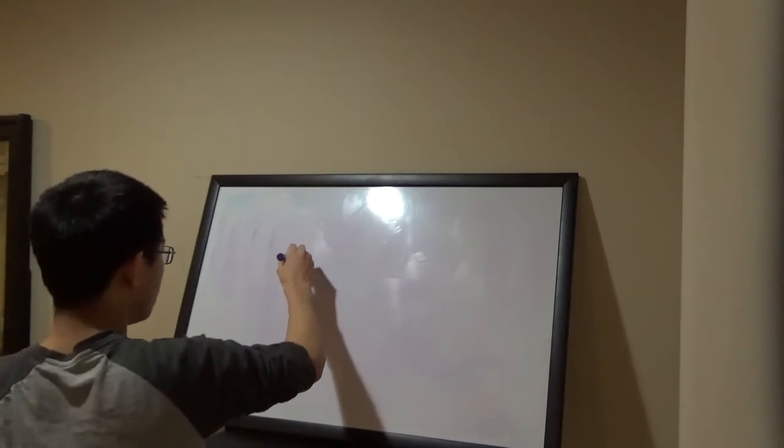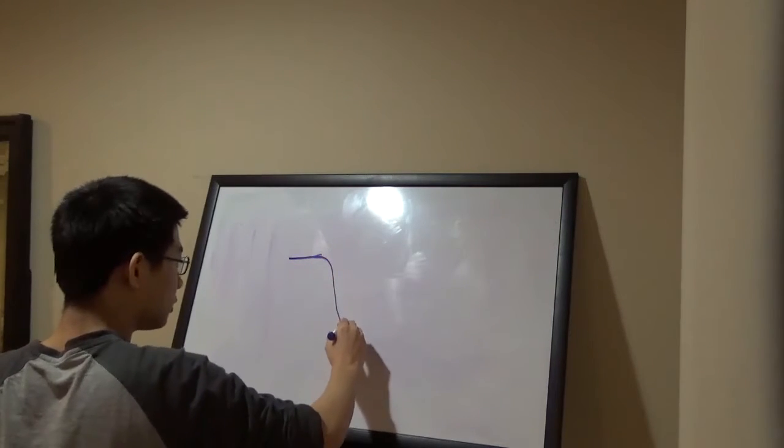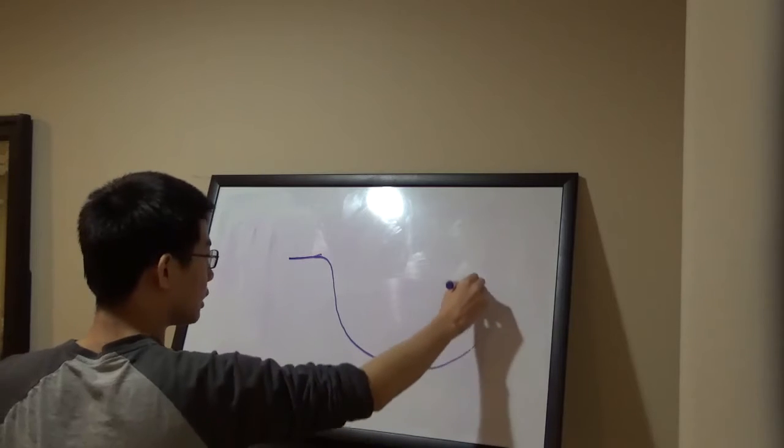So let's just start off with a problem, actually. Let's say we have a thing here, and then it drops down, and we have a track, and it goes like this.